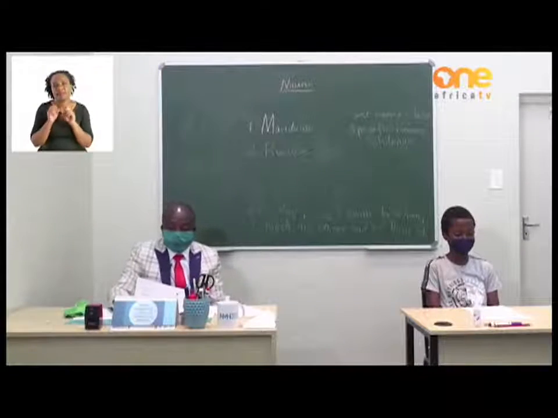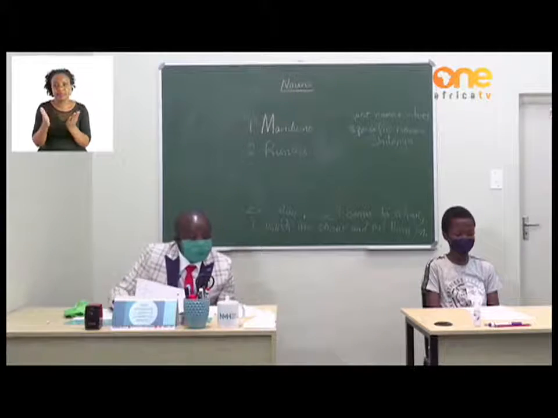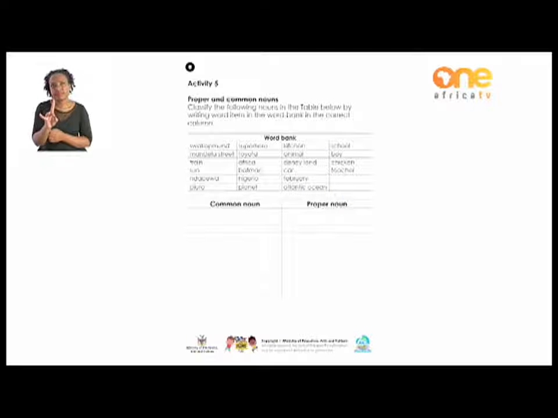Right, let's open on page 8, where we have activity 5. Proper and common nouns. Classify the following nouns in the table below by writing word item in the word bank in the correct column. Let me read again. Classify the following nouns in the table below by writing word item in the word bank in the correct column.